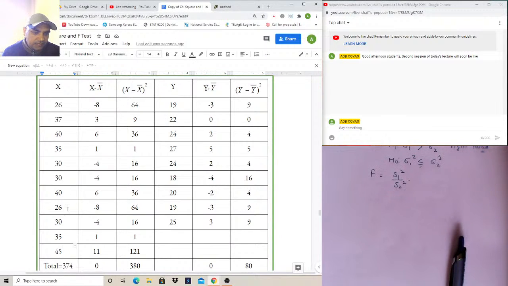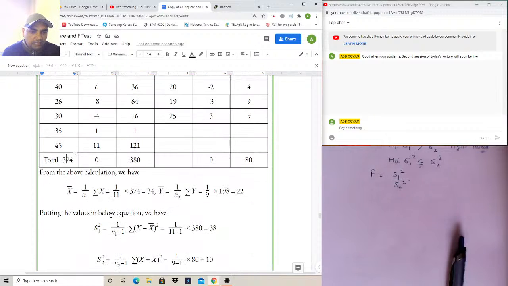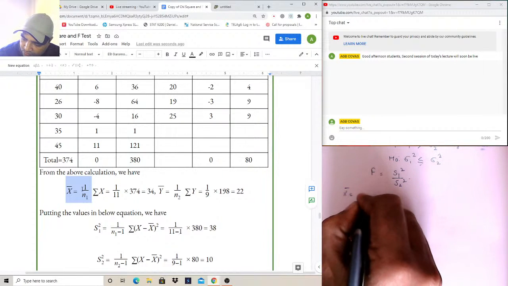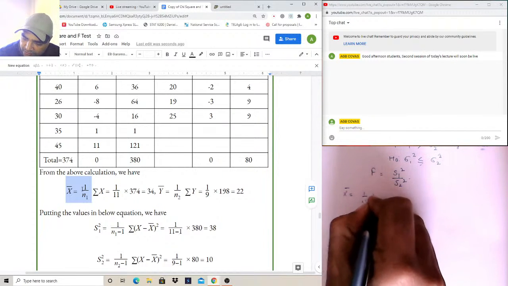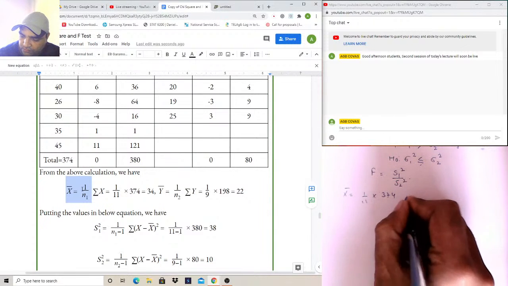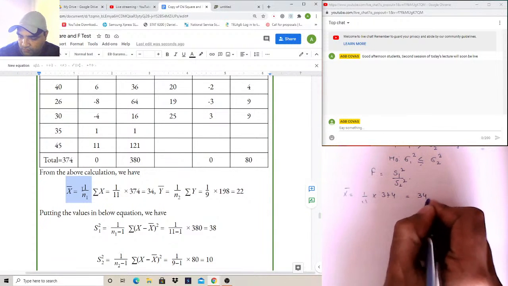Their total is 374. So if it is 374, then our X bar can be calculated. X bar will be equal to 1 upon 11 into 374, so it will be equal to 34.